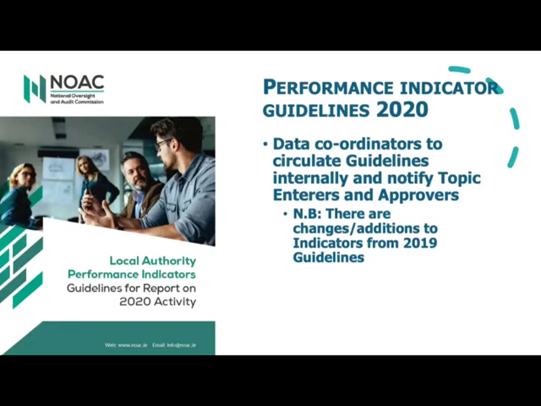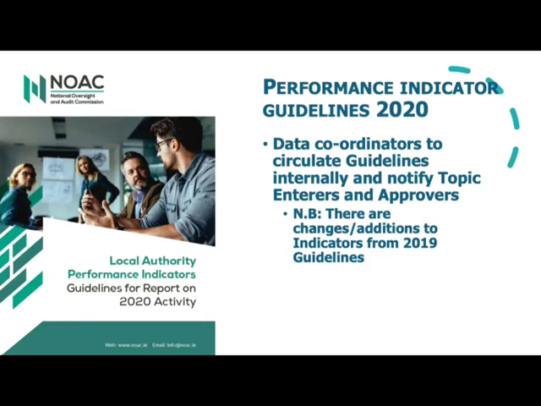In terms of the local authority performance indicator guidelines that were published on February 3rd, to report on local authority 2020 activity, it's very important that the data coordinators of each local authority circulate the guidelines internally and notify topic enterers and approvers that the guidelines are now available.